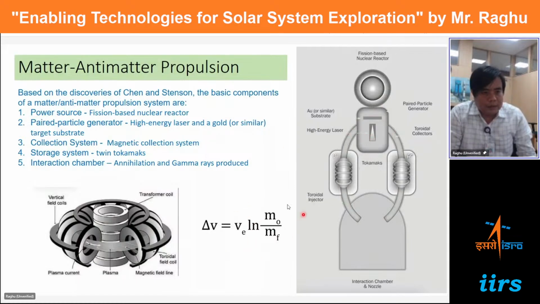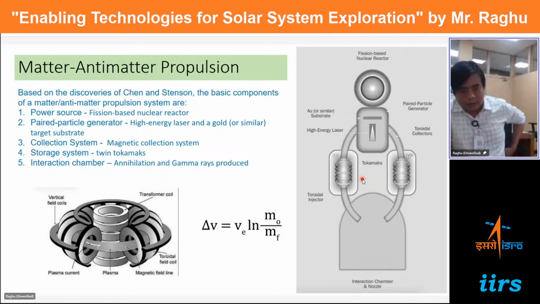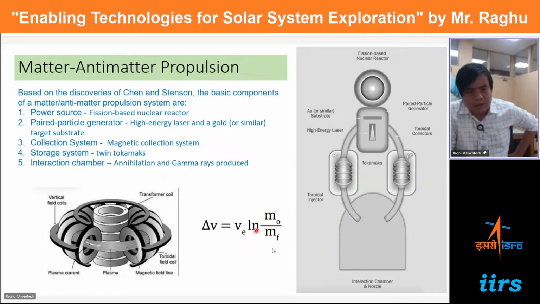So here, what is happening? In the Tsiolkovsky equation, the change in speed is directly proportional to the exhaust velocity as well as the logarithm of the change in mass. With matter and antimatter, because it is electrons and positrons, the electron mass is of the order of 10^-31 kg, which is negligible. So when annihilation takes place, there is a negligible change between the initial mass and the final mass.